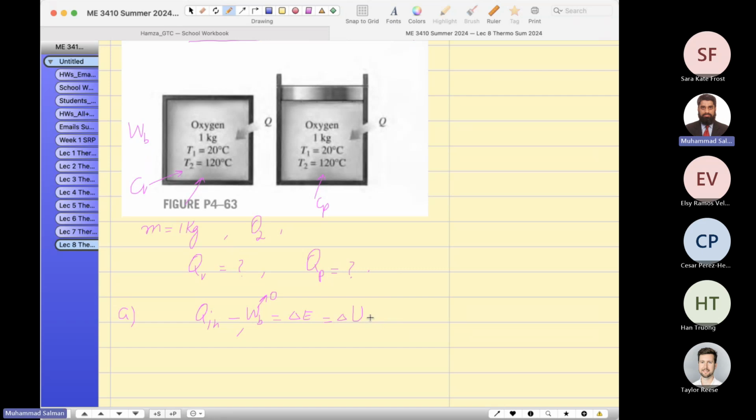And the total energy change is delta U, which is equal to m Cv delta T. And what is m? m is 1 kilogram. What is Cv?